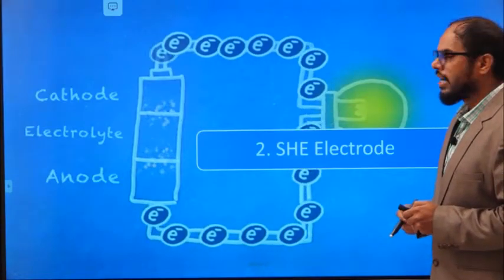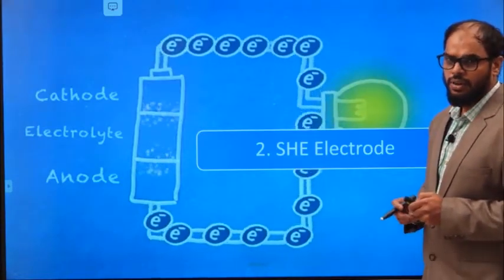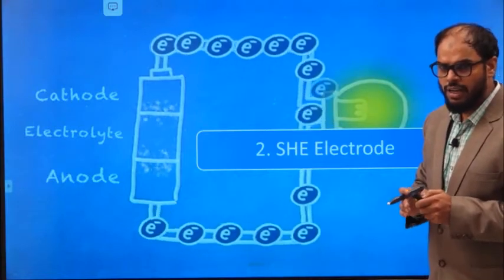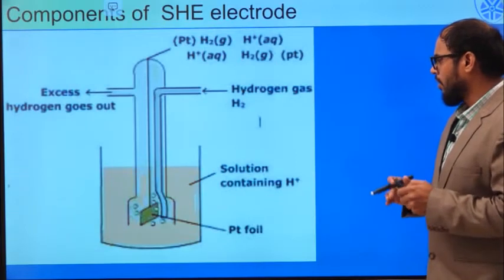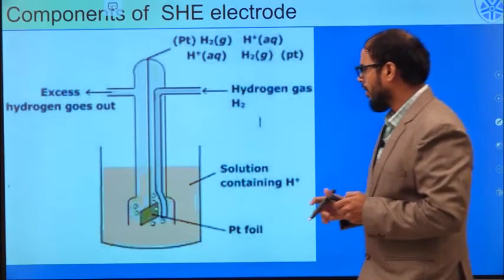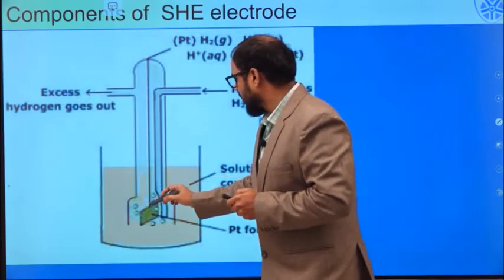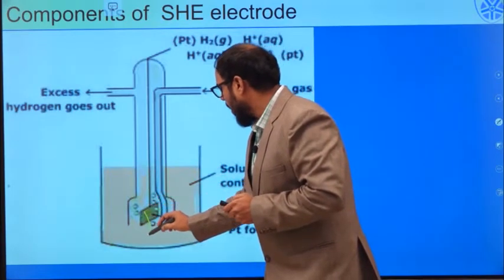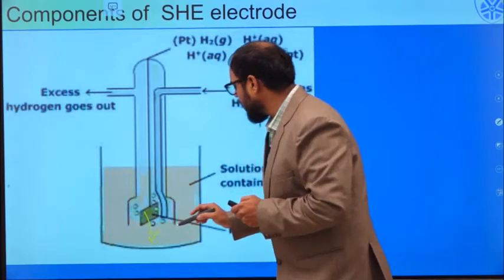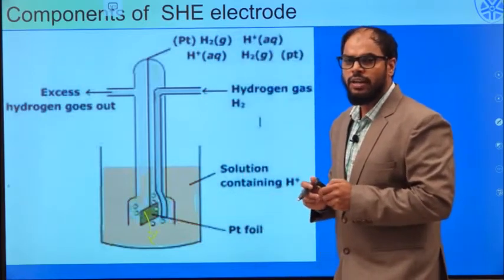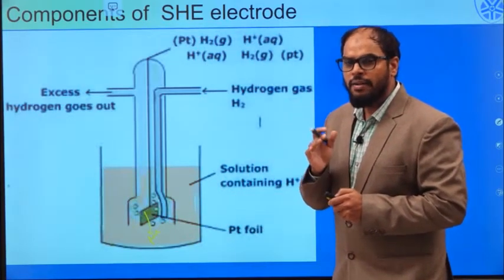Let us try to understand the SHE electrode, that is the standard hydrogen electrode. For a SHE electrode, the setup is basically made of a platinum foil, and this platinum foil is coated with platinum powder.